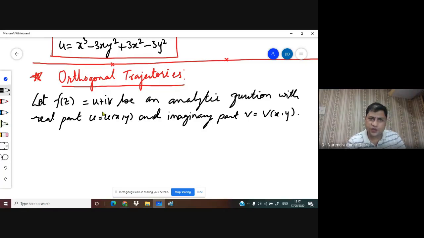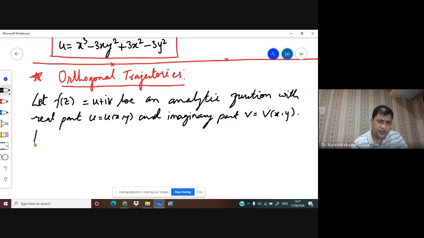So this is the usual notation. U and v are the real and imaginary parts of this analytic function. But there is one more relation between this u and v. They are not only the real and imaginary parts, but if we have a family of curves using this u and a family of curves using this v, then these two families are orthogonal trajectories of each other.